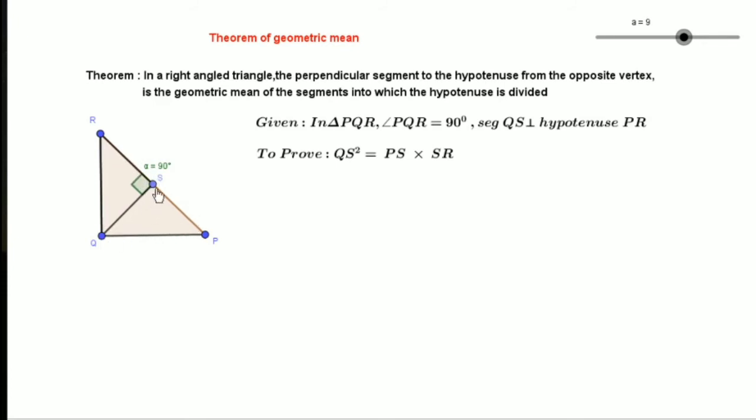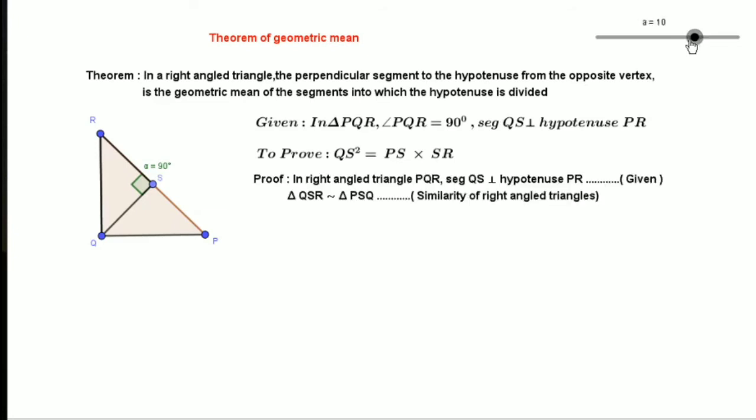Segment QS is the geometric mean of the segments into which the hypotenuse is divided. The hypotenuse is divided into segment PS and SR. So QS is the geometric mean means QS square is equal to PS into SR. The square of the perpendicular segment QS is equal to the product of PS and SR. That we have to prove.